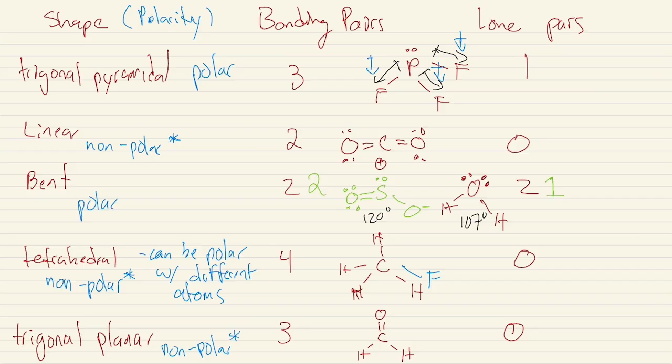Right, so we have to think about the shape and then also the specific bonds there too, right? How polar a bond is depends on the electronegativity, and then the number of bonding pairs and lone pairs determine the shape. Those in combination give us whether the molecule is polar or nonpolar. So there's a lot to keep track of, right?